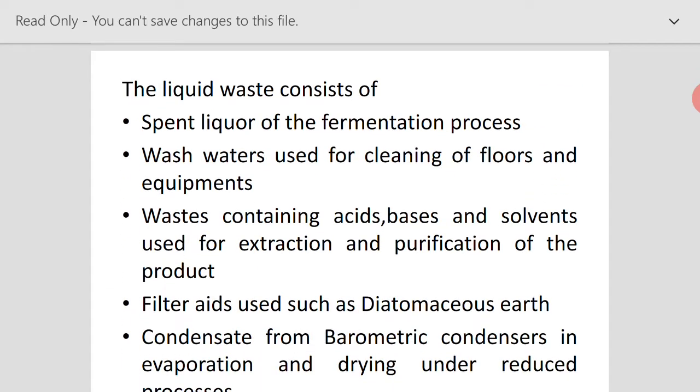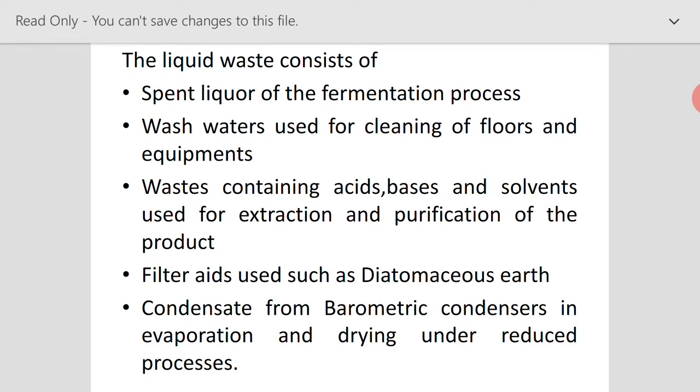So where does the liquid waste come from in this process? Normally the liquid waste of the pharmaceutical industry comes from the fermentation process, that is the spent liquor of the fermentation process, as well as the wash waters used for cleaning of floors and equipment. The waste also contains acids, bases and solvents used for extraction and purification of the product.